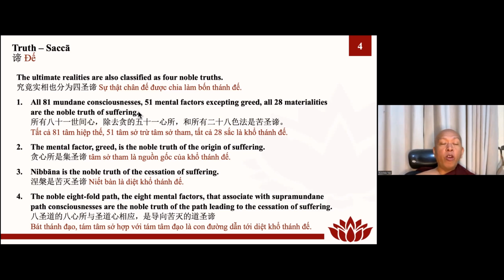Then we have already learned the three virtues, the three abstinences: samma vaca, samma kammanta, samma ajiva. These are the three abstinence mental factors. We have already explained samma vaca, right speech, samma kammanta, right action, samma ajiva, right livelihood. These are the three abstaining mental factors.